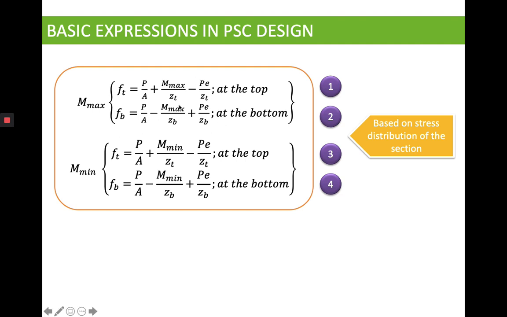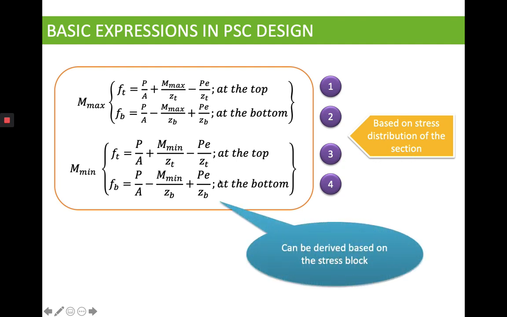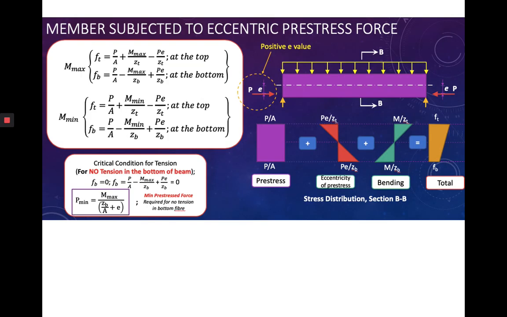So these are the equations that are based on the stress distribution of the section. Based on this equation, these are the equations that can be derived from the stress block. This is the thing that I was talking about just now.